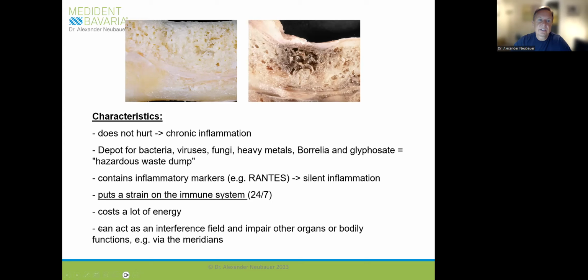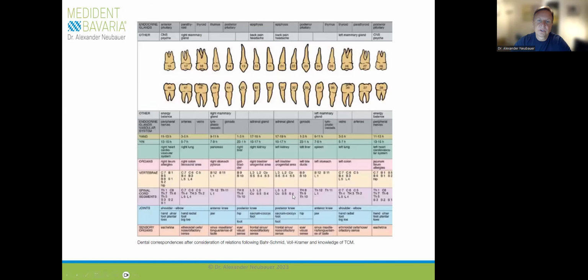Also, these cavitations can act as an interference field and affect or impair other organs or bodily functions, for example, via the meridians. So I brought you here the dental correspondences between teeth and organs, or the organ functions. And I made you an example here. For example, this is the wisdom tooth area.